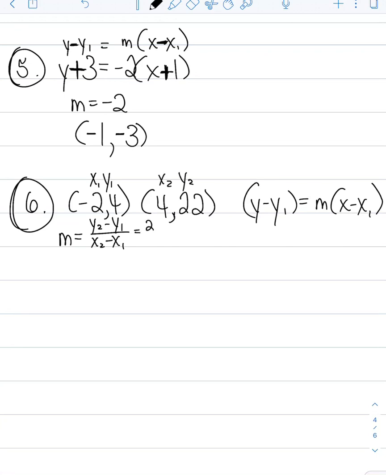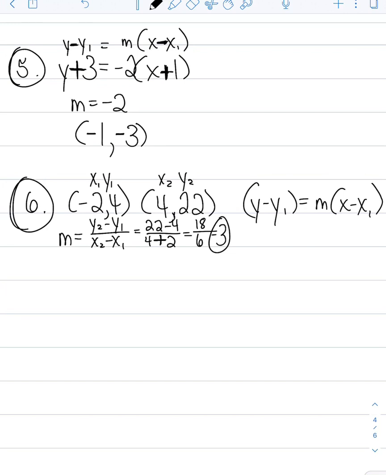So this is going to be 22 minus 4 over 4 minus a negative 2. So 22 take away 4 is 18. 4 minus a negative 2, that becomes a plus. 4 plus 2 is 6. So my slope is 3.